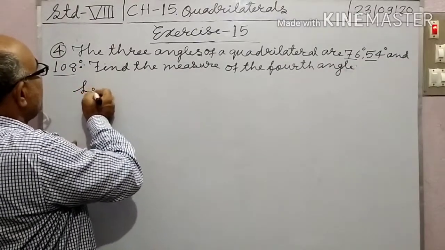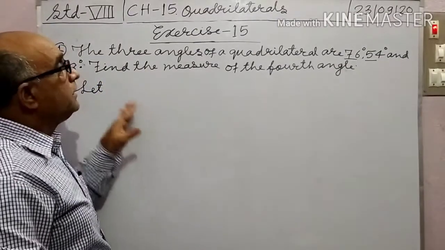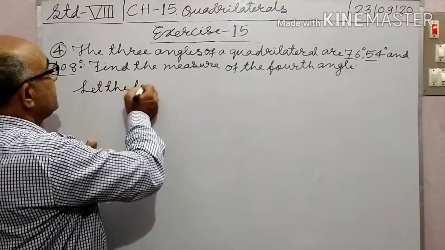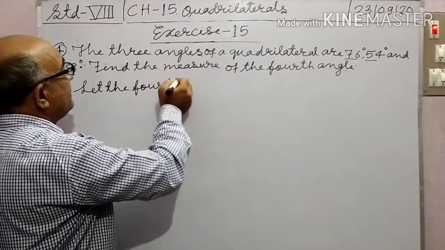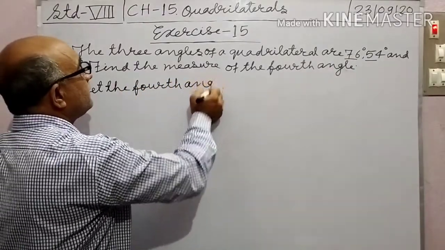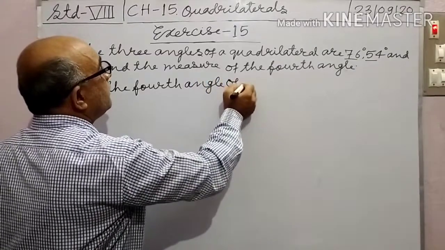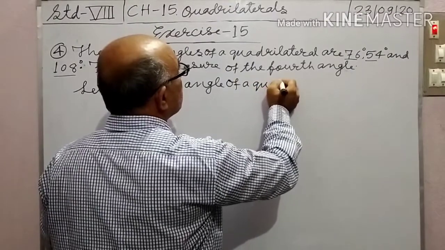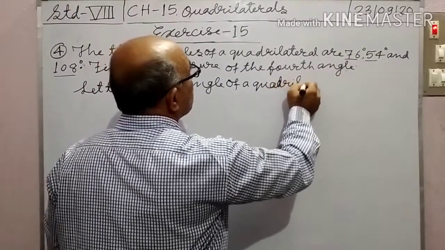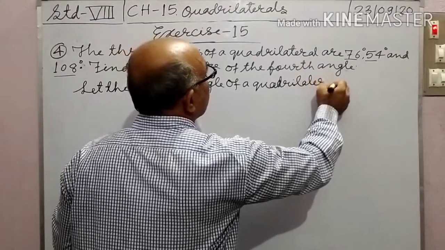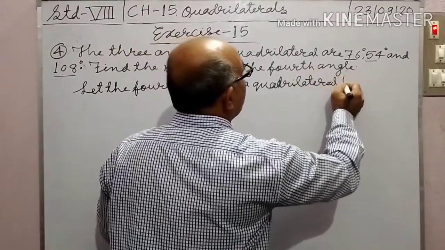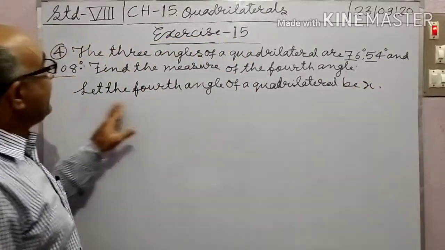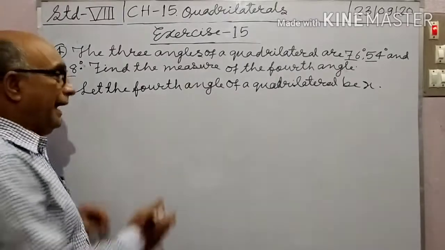Students, we have to find the measure of the fourth angle. So let the fourth angle of a quadrilateral be x.